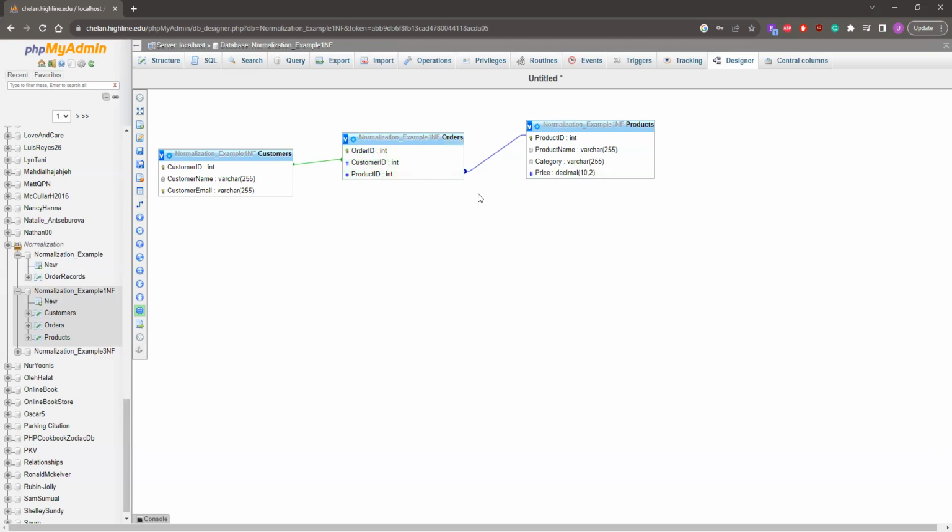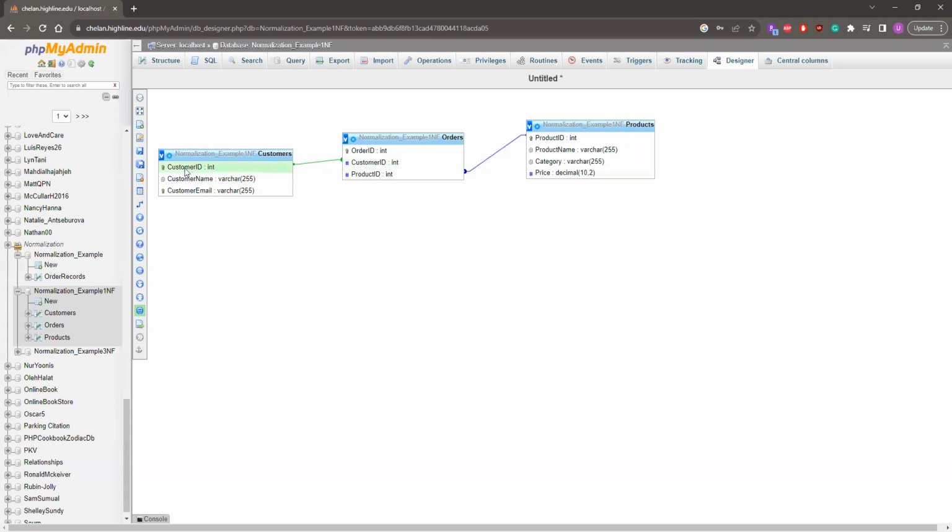One more thing I want to mention is that each table is related to the other. So this is a relational database. Relational database means customers is related to orders. In what way? The customer ID is mentioned right here, and this is known as a foreign key.